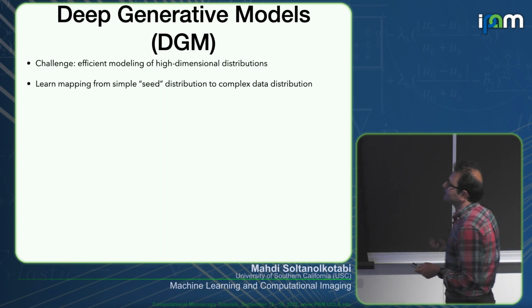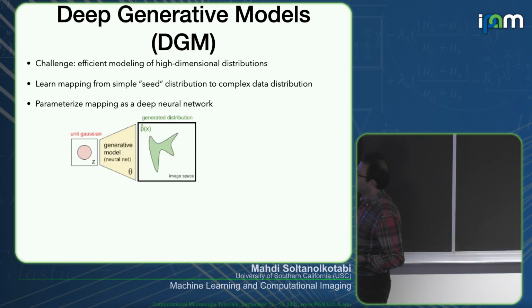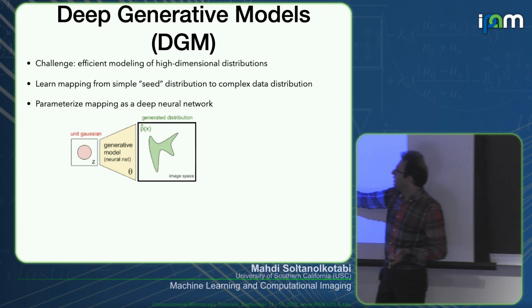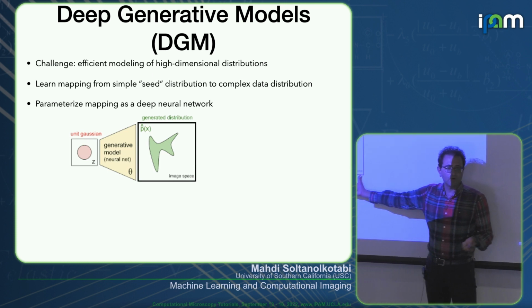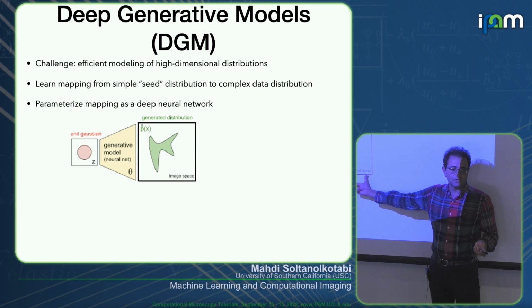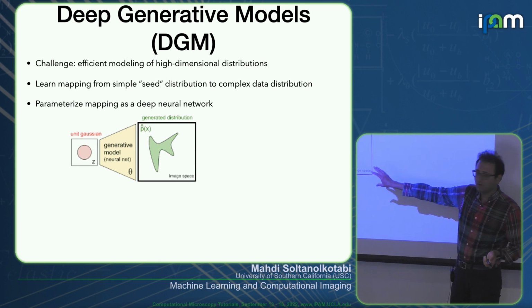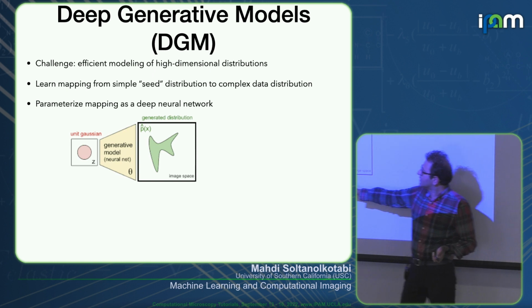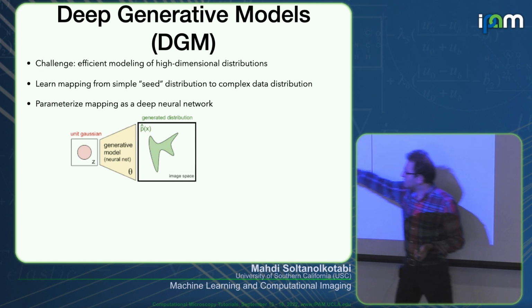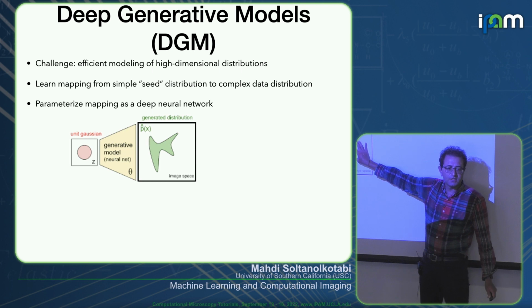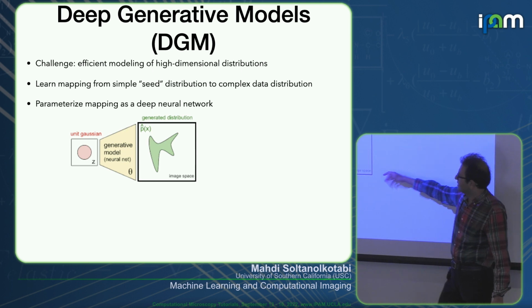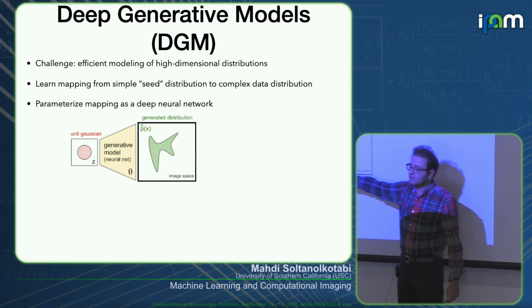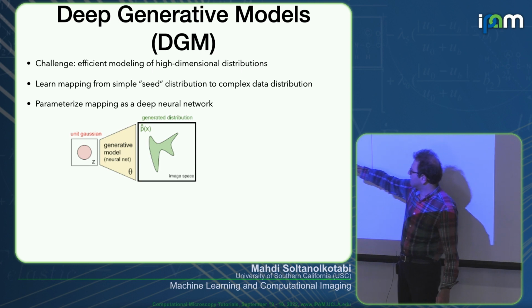Most notably in this field, I want to go from a Gaussian vector to a distribution that resembles the kind of data set that I'm interested in. So really, generative models in their essence have been designed to go from noise to the realistic distribution.